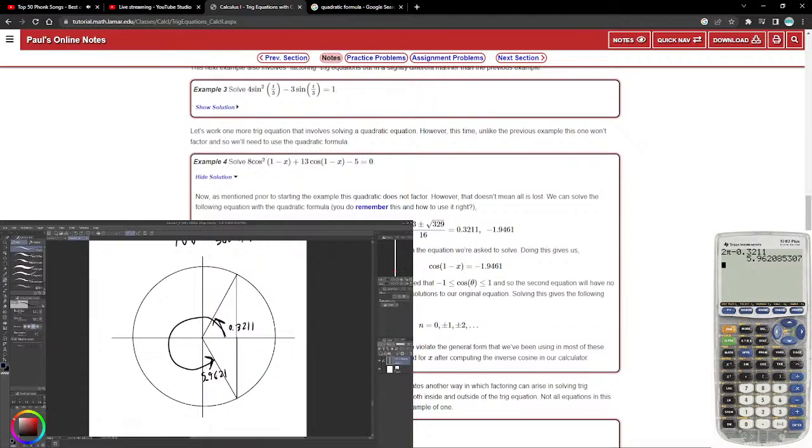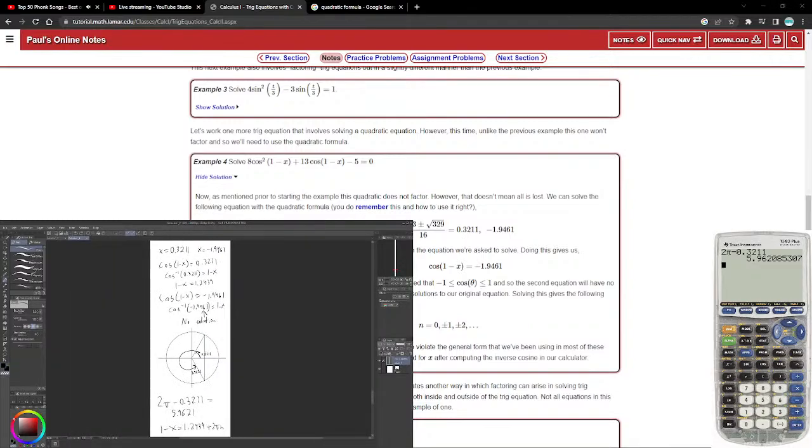Like, how did I get this wrong? It's definitely 0.3211. Has to be in the fourth quadrant.